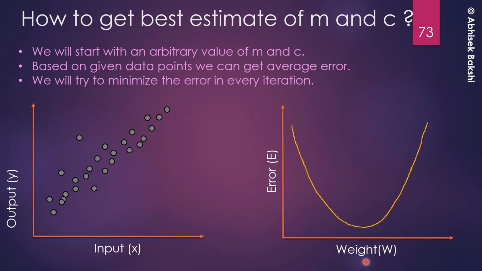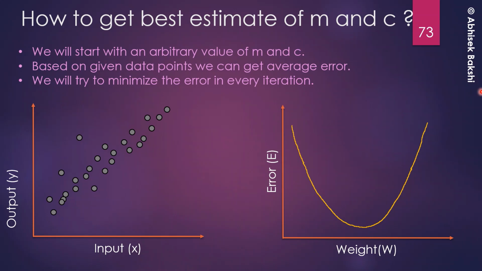So here the weight means the intercept and the slope, that is m and c. Basically both m and c cannot be represented by a single diagram. For m we will have a diagram like this, for c we will have a diagram like this, but in general this weight w is representing a similar form of m and c.